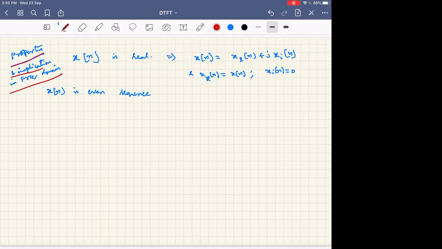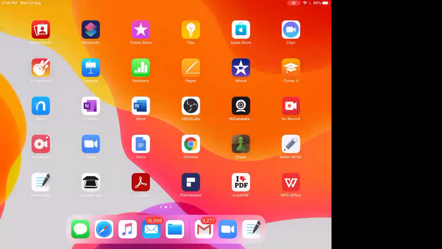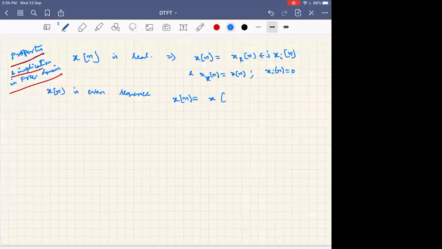So what do we mean by x of n is an even sequence? X of n equal to x of minus n. If x of n equal to minus x of minus n, that is odd. So x of minus n equal to x of n is the even sequence we are saying.